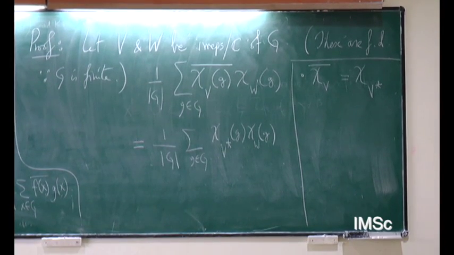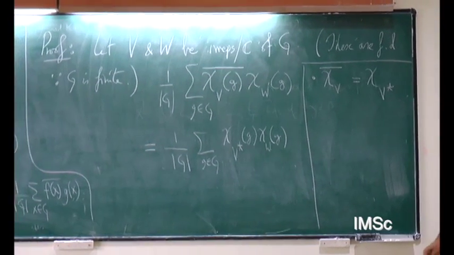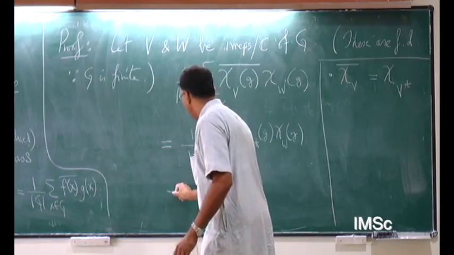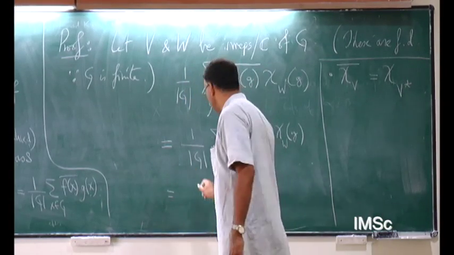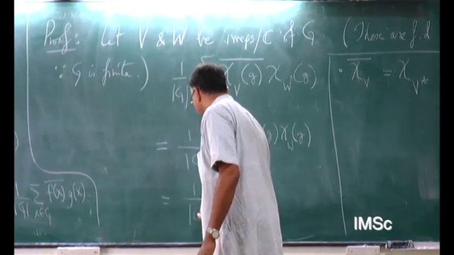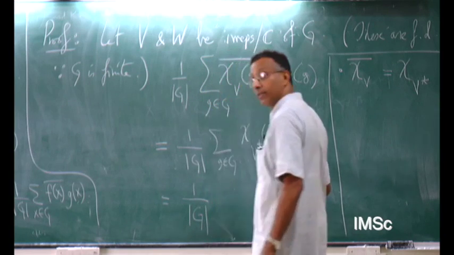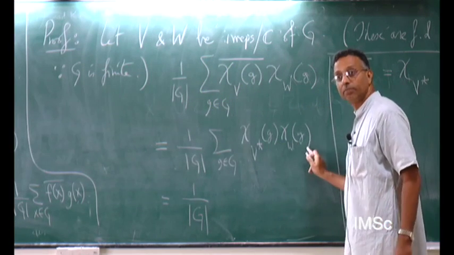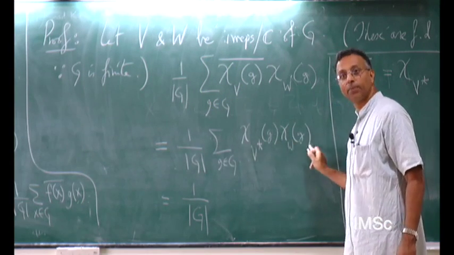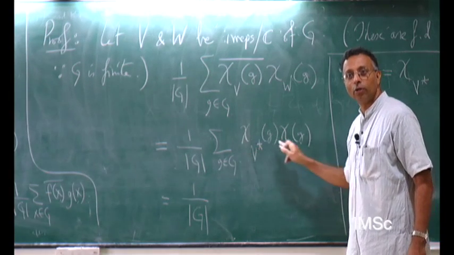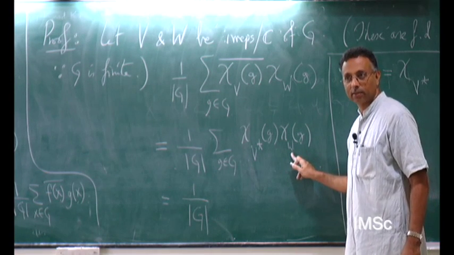Okay? Right. So that's the first step. Now let's use what Avijit said, right? So here, this is a product of characters. This is the same G. So this is a pointwise multiplication of two characters, right?